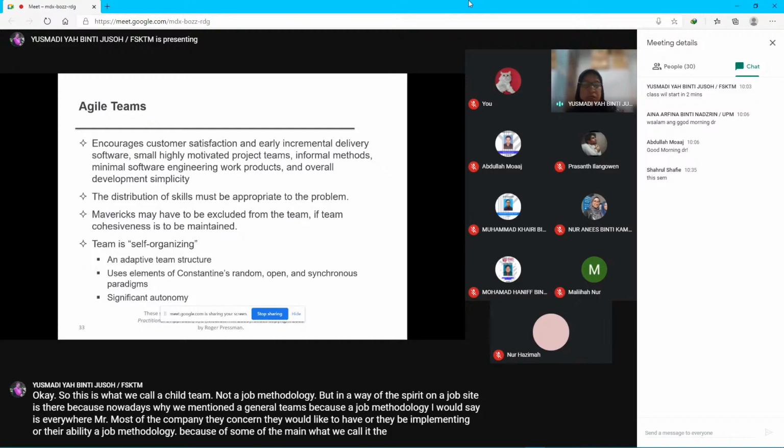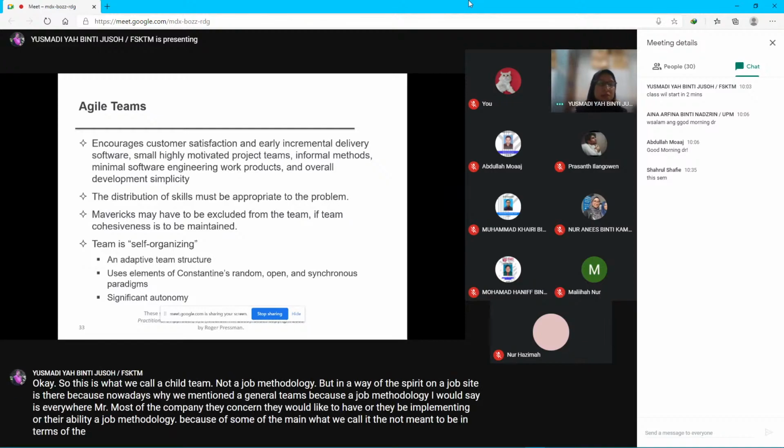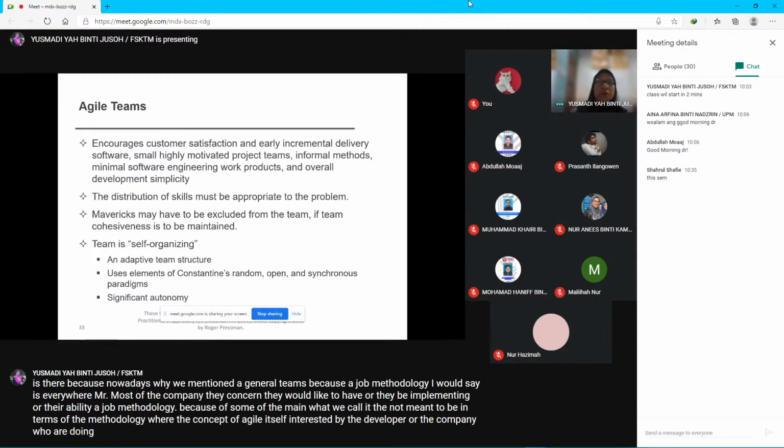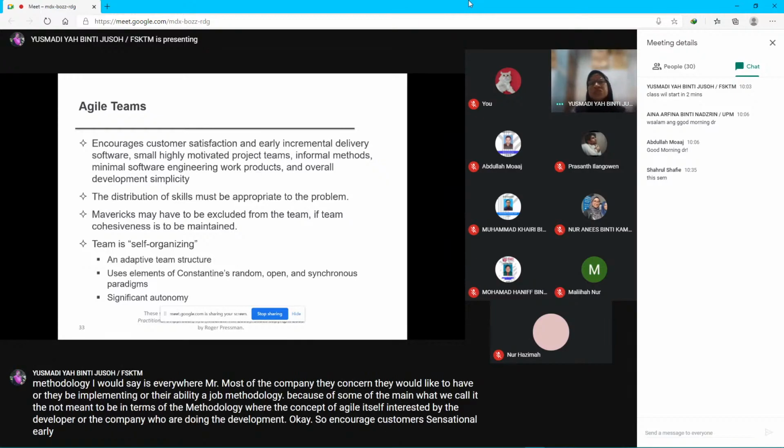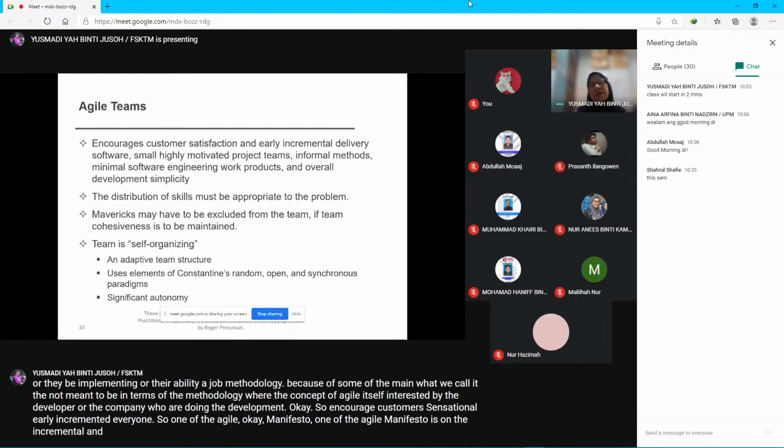The concept of agile itself is interesting to the developers or the companies doing the development. Okay, so it encourages customer satisfaction and early incremental development. One of the agile manifesto principles is on incremental and repeating, so repetition, and also fast development.